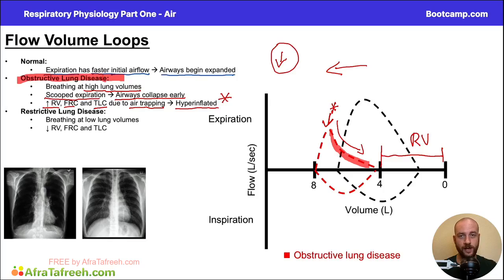And if we just look at the radiology on the bottom left of the screen here, this is a chest x-ray on the right of a normal patient. And on the left, we have a chest x-ray of a patient that has obstructive lung disease. And you can identify on chest x-ray some features of hyperinflation. So the first is that the lungs are very elongated and large compared to normal.